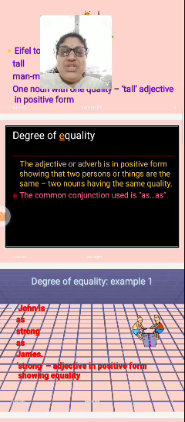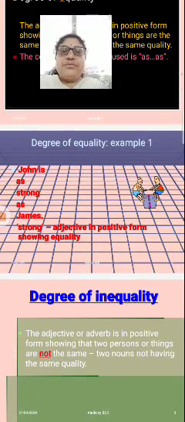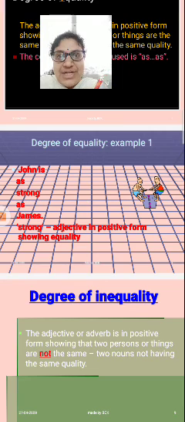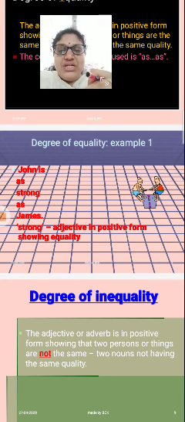The common conjunction used is as. For example, John is as strong as James. We have taken the help of the conjunction as, and we are comparing between the two persons, John and James. So we are comparing the equality between them. What is the equality between them?